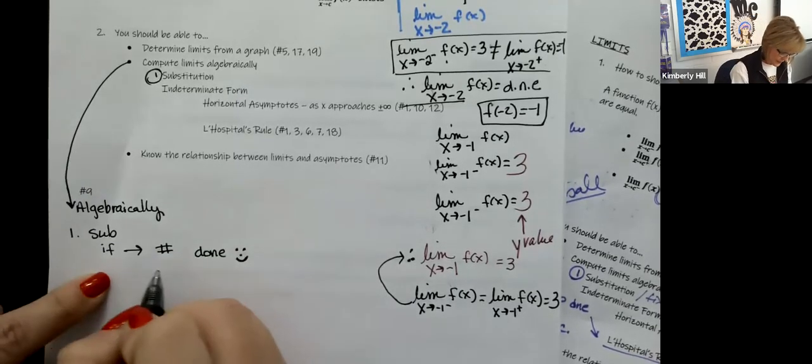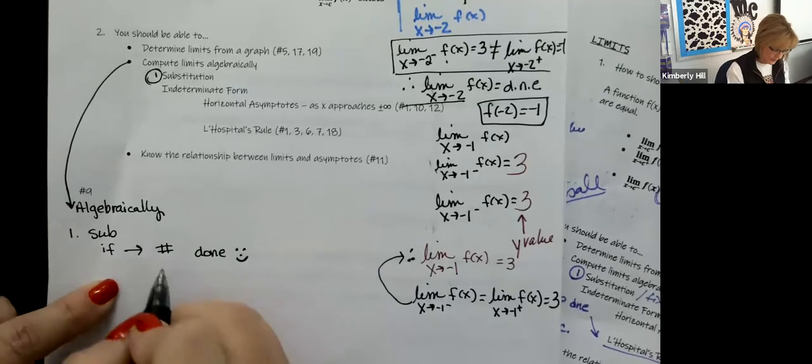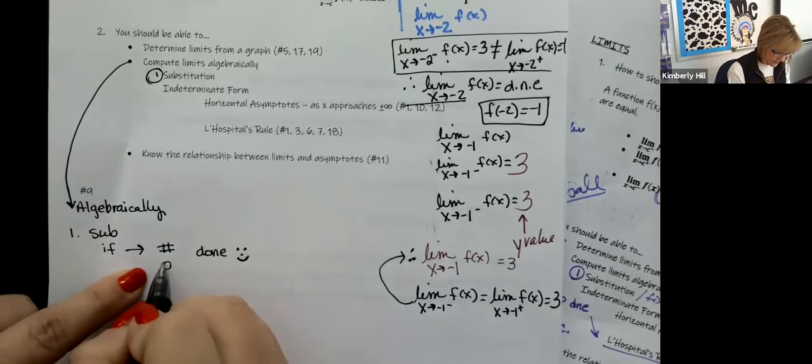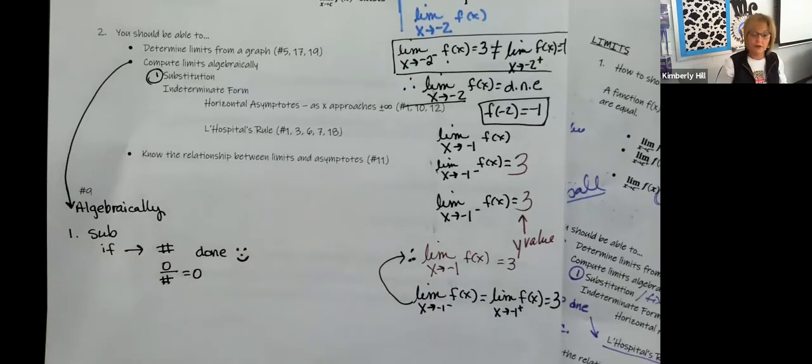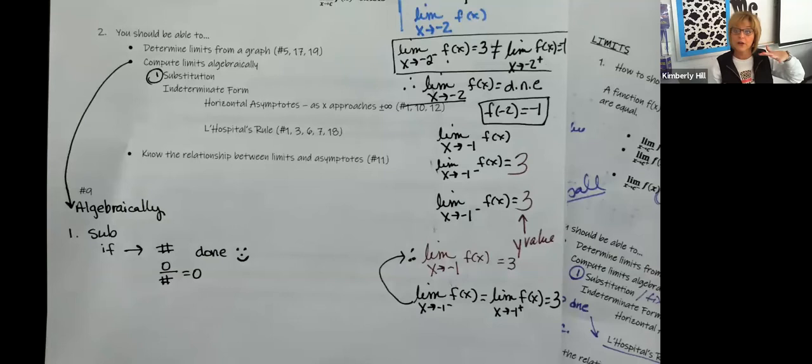But now with that, don't forget 0 over a number is 0, and you are still done. Students tend to think that a 0 in the numerator is going to cause trouble too. It does not. It's just 0. So you're hoping for that.